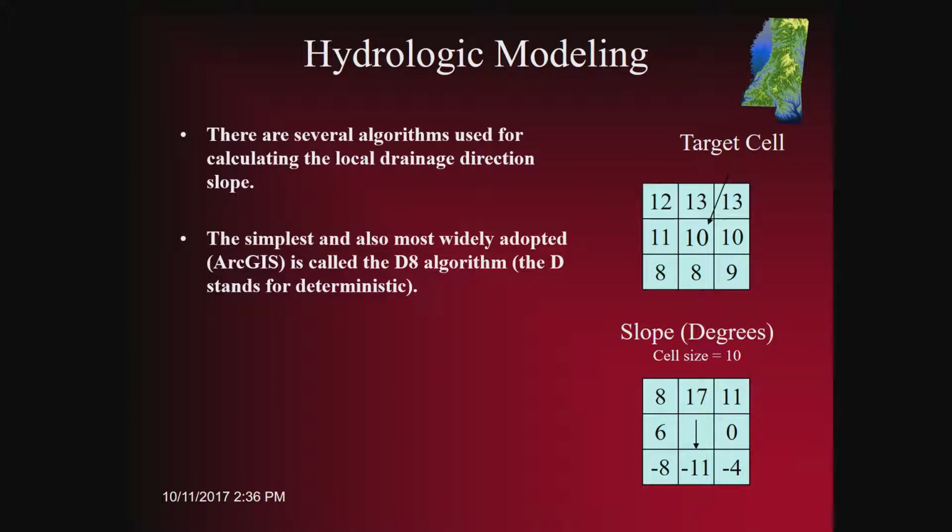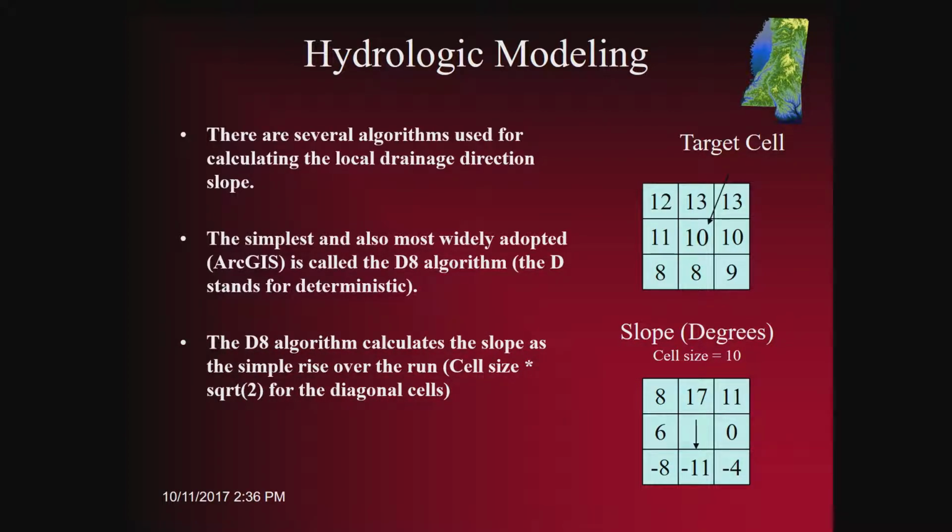And water is said to flow into one and only one cell. The flow direction is in only one direction. Simple rise over run, with run being the cell size, or cell size times the square root of 2 for diagonal.